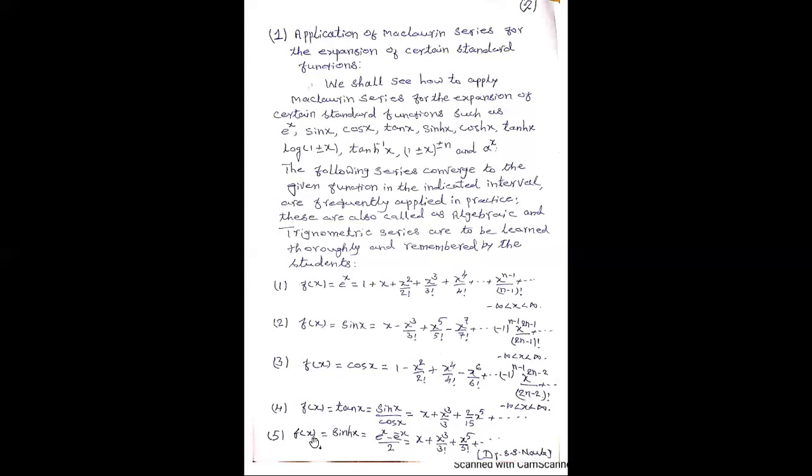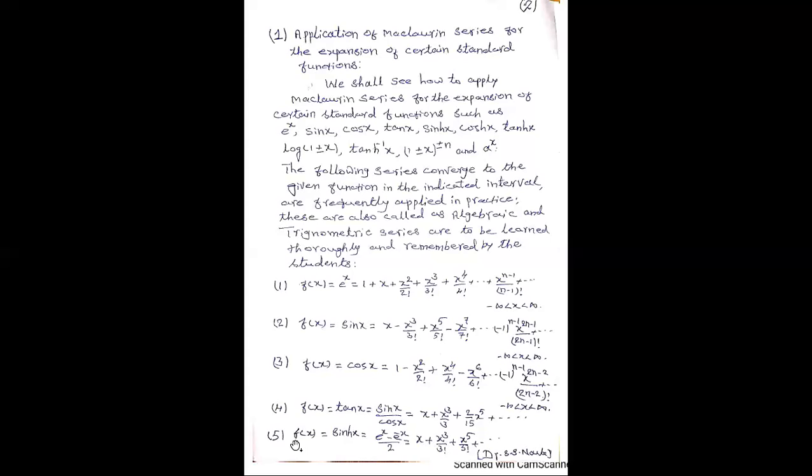Then you are having f of x is equal to sin hx. This is a hyperbolic function. The formula for this hyperbolic function is e to the power x minus e to the power minus x divided by 2. Now, the expansion for this hyperbolic function is x plus x cube upon 3 factorial plus x to the power 5 upon 5 factorial.